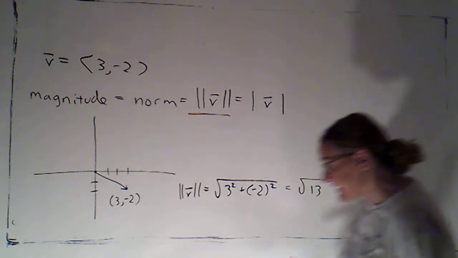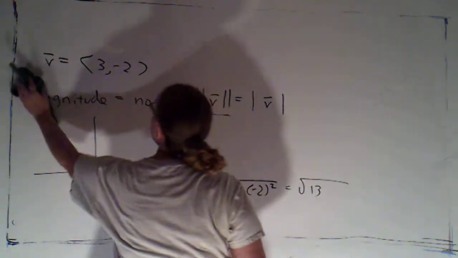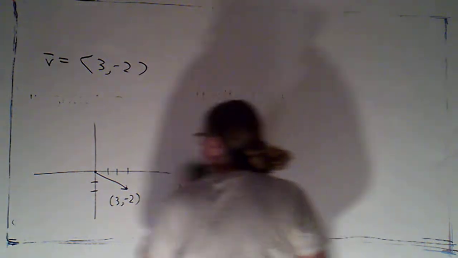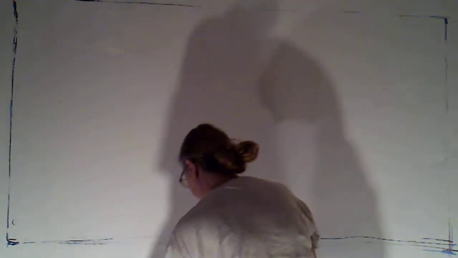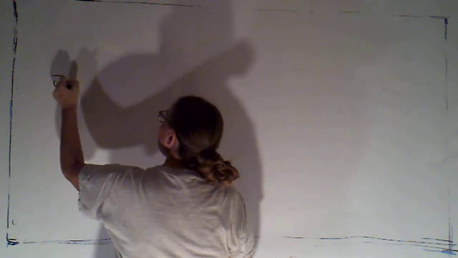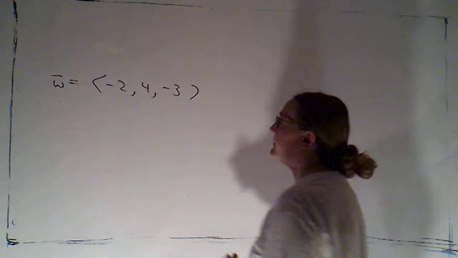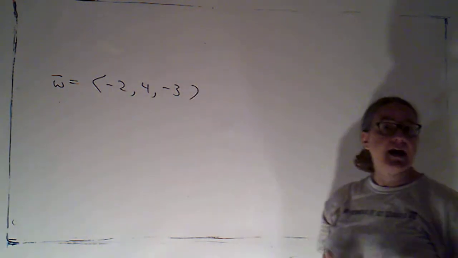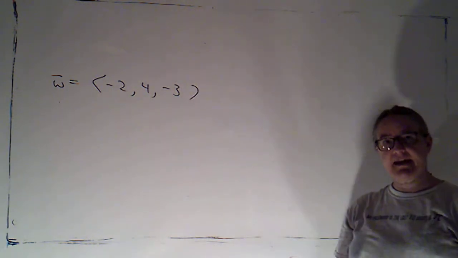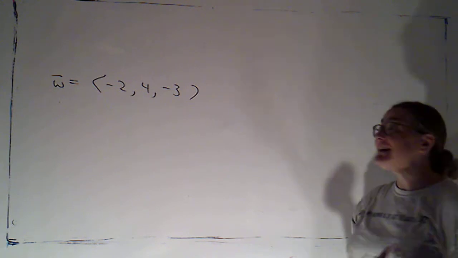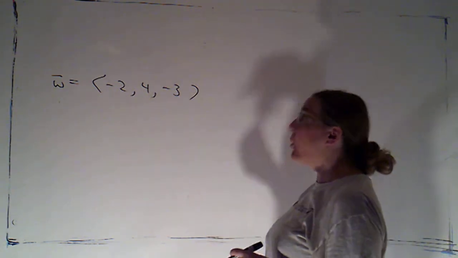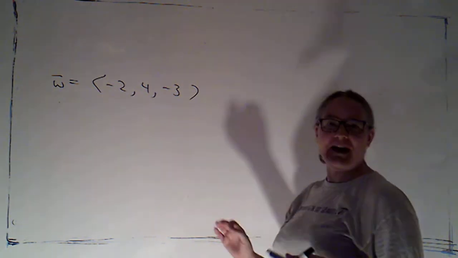Same thing works in 3 space. Now I'll do an example in 3 space, but I'm not going to worry about drawing the picture. Let's just say I've got w is -2, 4, -3. Well, if I were to draw that in standard position, its tail would be at the origin, and then its tip would be at the point -2, 4, -3.